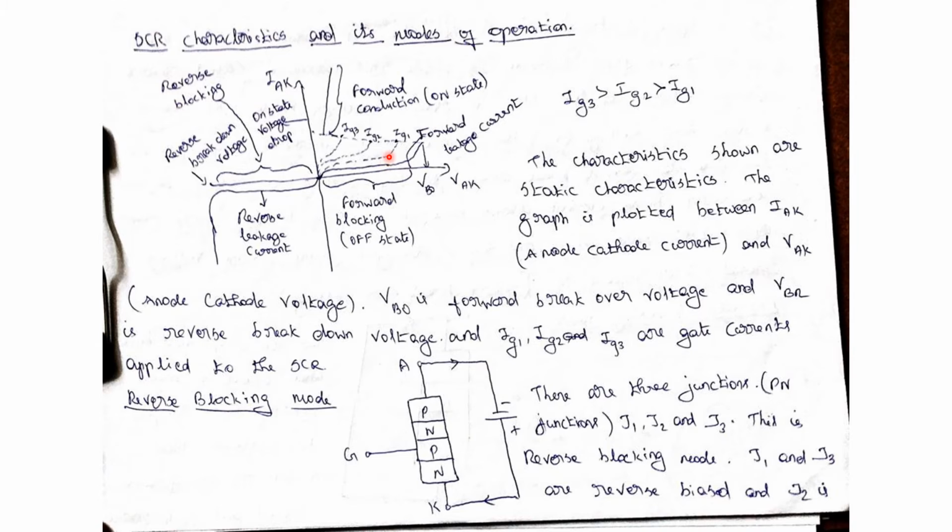These are IG3, that is gate current. IG3 is greater than IG2, IG2 is greater than IG1. So if the gate current is greater, then SCR will be turned on immediately.